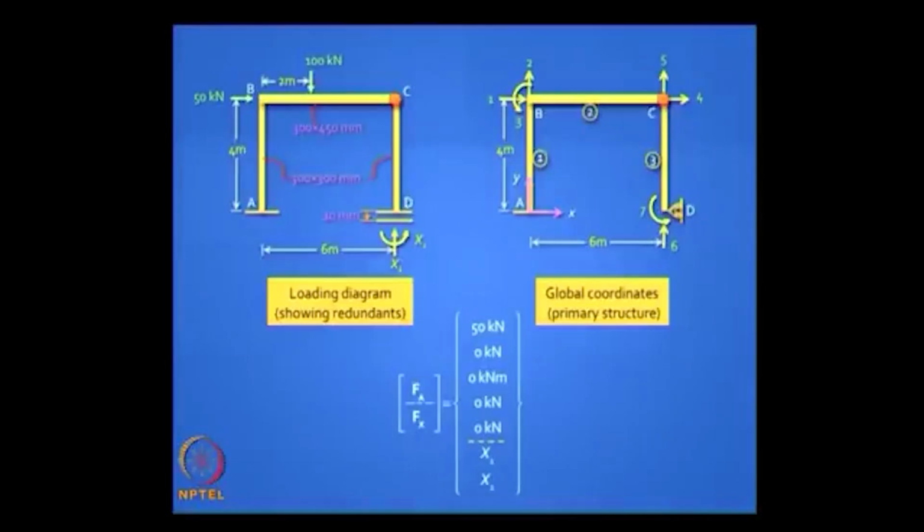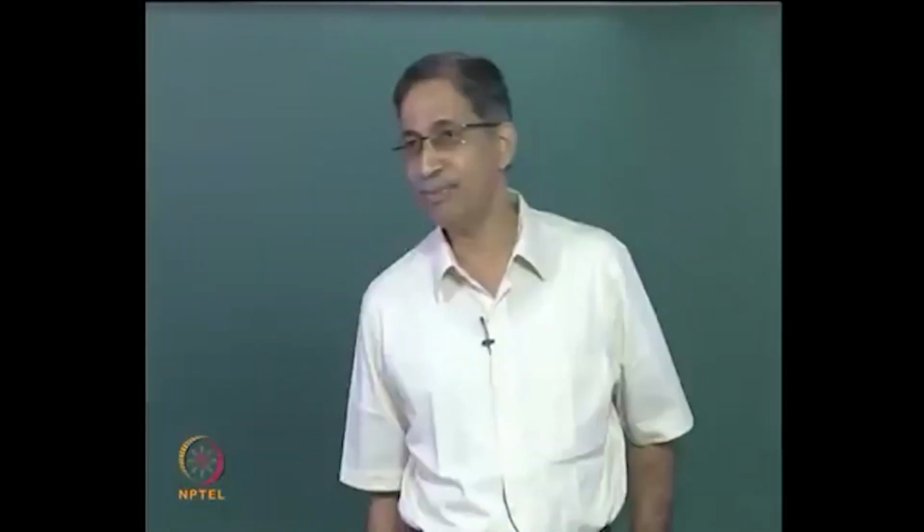You also have to write down the compatibility equations to solve for the unknown redundants x1 and x2. What is dx? What is d6 and what is d7? Right, d6, that's where you bring in the support settlement. d6 is minus 0.01 meters and d7 is 0. Yeah, you have a question?